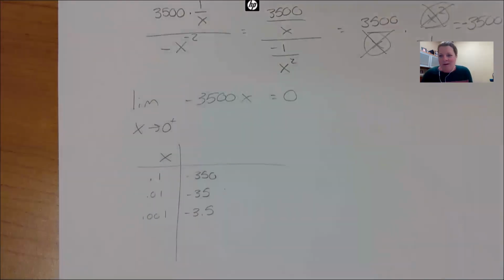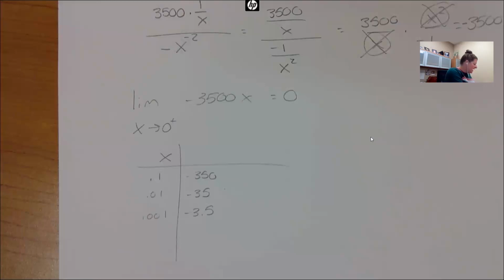It's on your homework. I wanted to see one where you had to do some fractions and some stuff. Most of the ones that you're going to have are going to be more basic, and especially on the exam. It'll be, can you remember to take the derivative of the top and bottom when you're in this infinity over infinity or 0 over 0 form, and then put your value in for your limit. Okay?